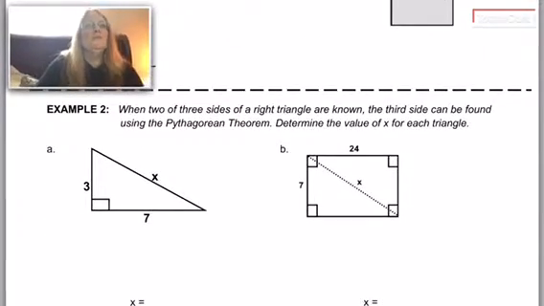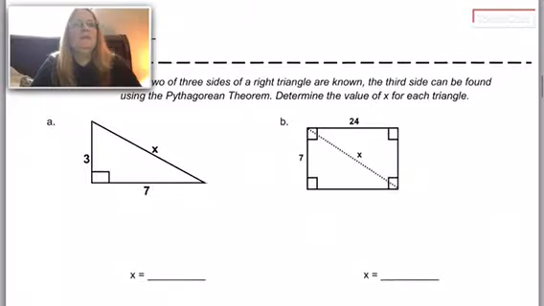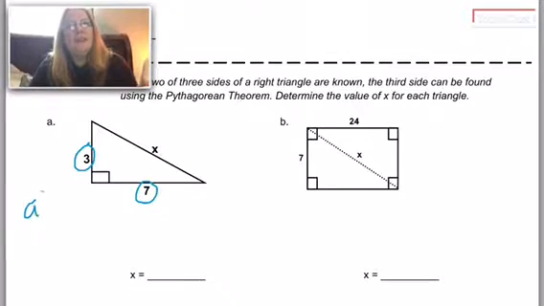Okay, in example 2, we're going to use the measurements here to find a missing measurement. It says when 2 of 3 sides of a right triangle are known, the third side can be found using the Pythagorean theorem, and determine the value of x. So here, for a squared plus b squared is equal to c squared, we're given the lengths of a and b.